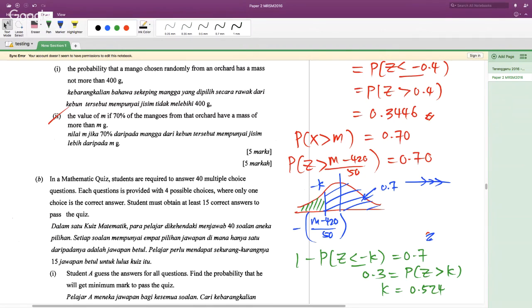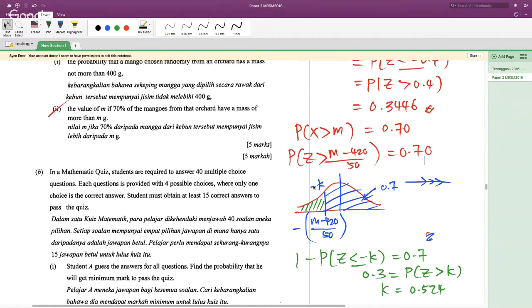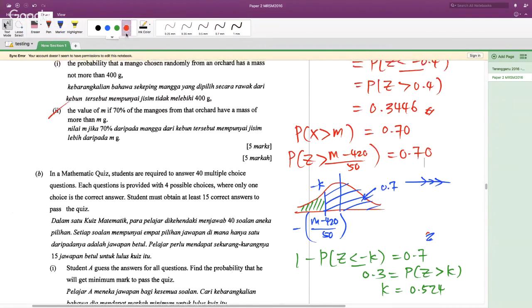You get k equals 0.524. However, k should be negative, isn't it? We are not finding k because we know k is negative. So since k is negative, I will say m minus 420 over 50 equals negative 0.524. Then this is how I get my m.